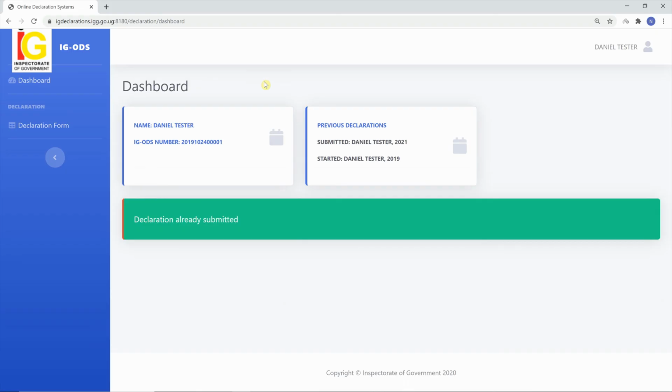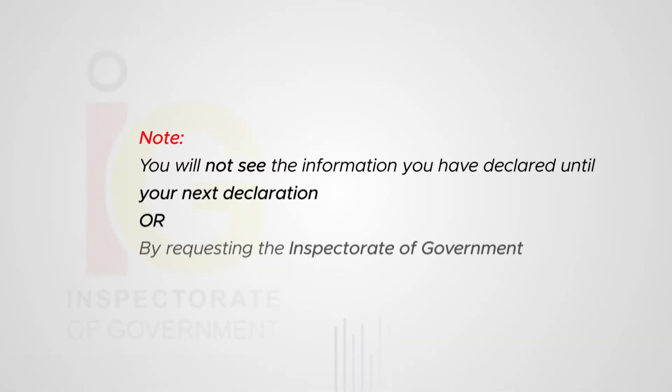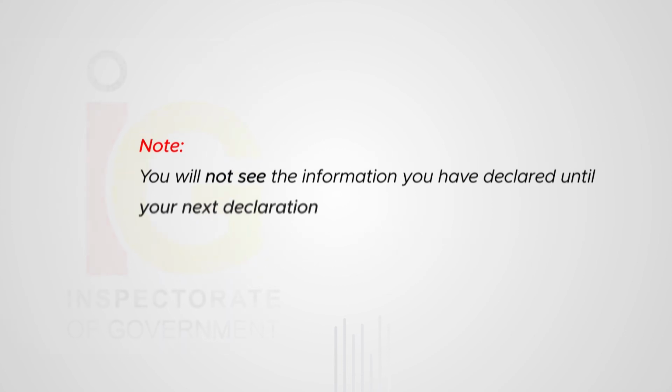If your declaration has been successfully submitted, you will be redirected to your dashboard, which will indicate the message that declaration is already submitted. You will not be able to see the information you've declared until the next declaration, or by making a request to the Inspector of Government to have access to that information.